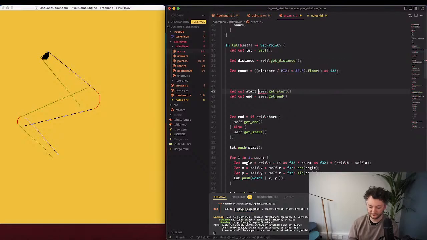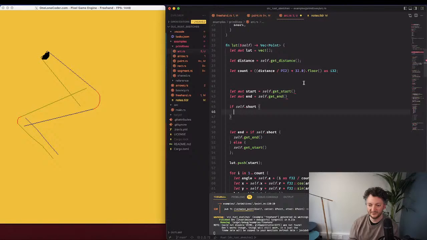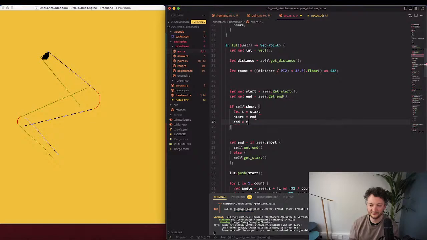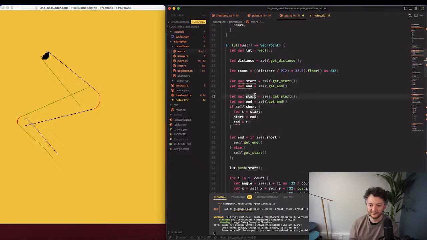Then we'll say if self.short, we'll switch those. Start equals end, or let t equals start, end equals t. We'll do the same thing with the start angle, end angle, self.a, self.b.